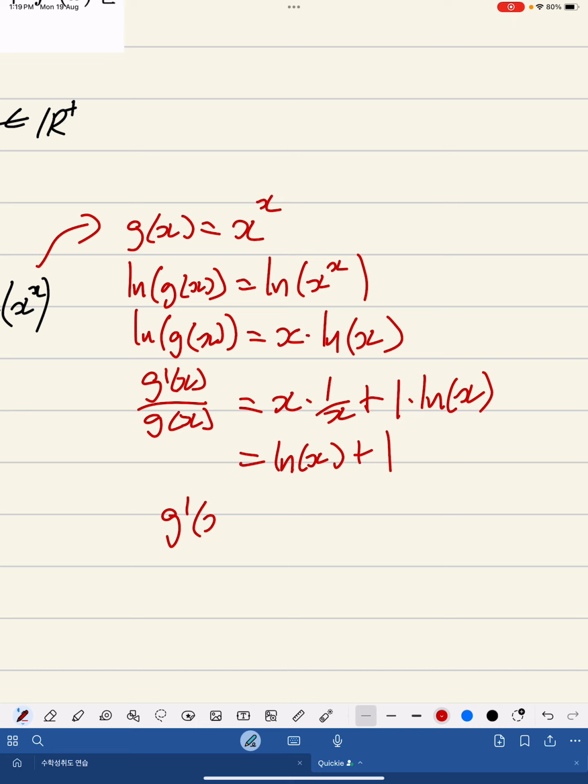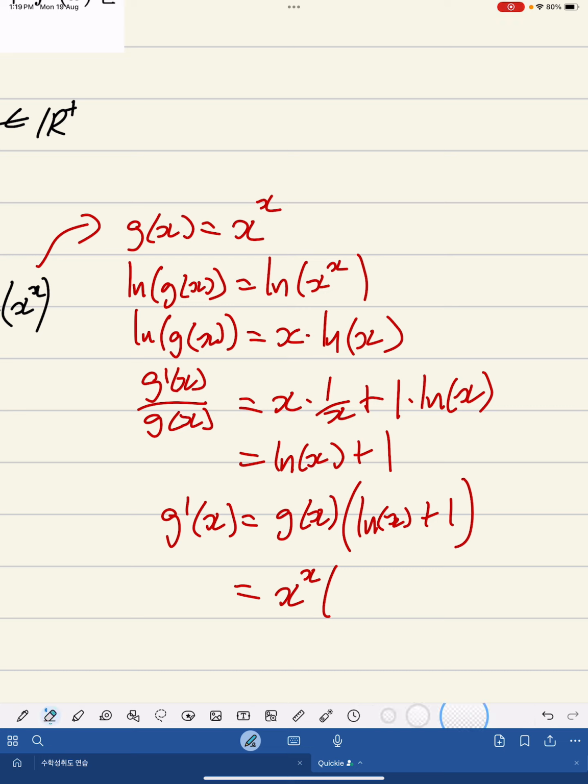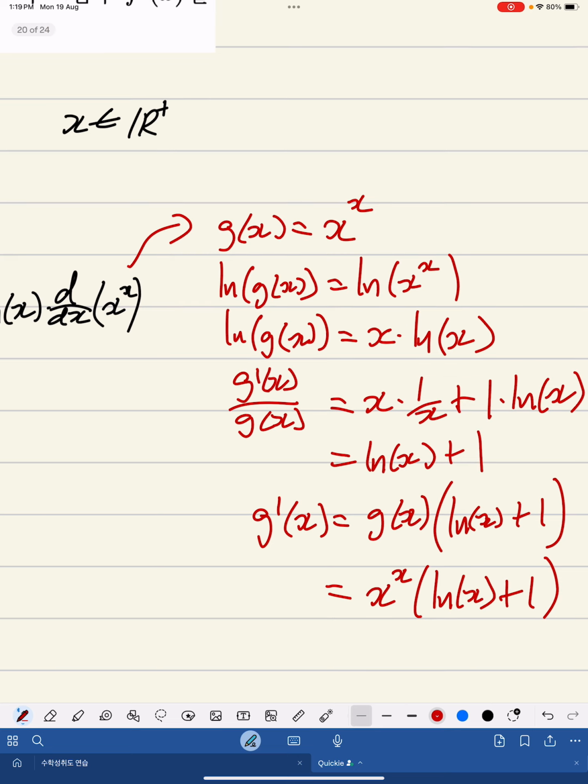Therefore, g prime x equals g of x all multiplied by ln x plus 1. And g of x, obviously we defined it at the top as x to the x. Therefore, it is x to the x times ln x plus 1. Right? Yes, that is correct.